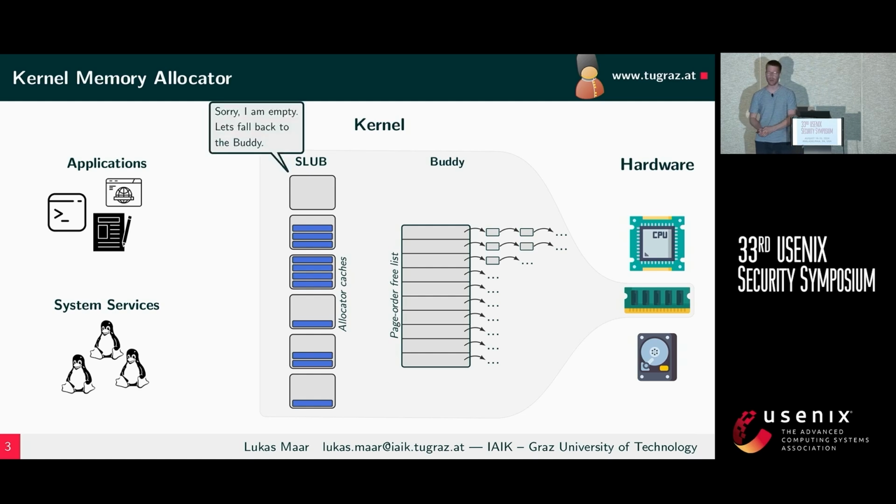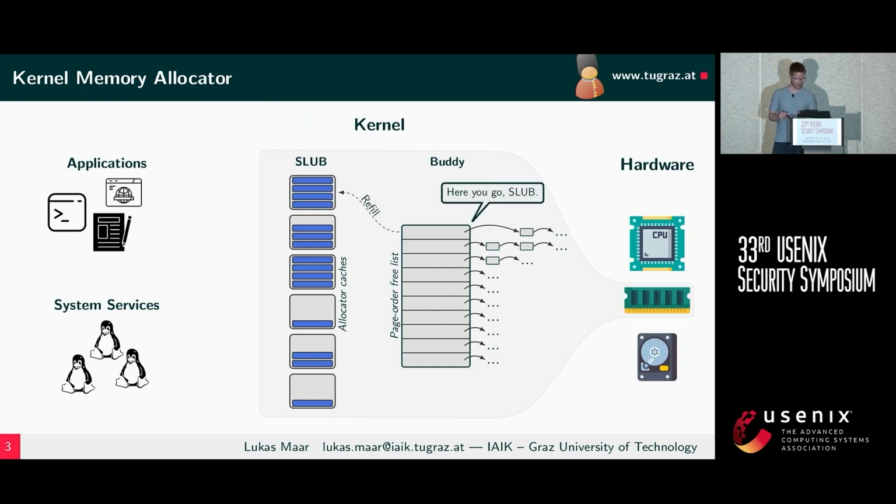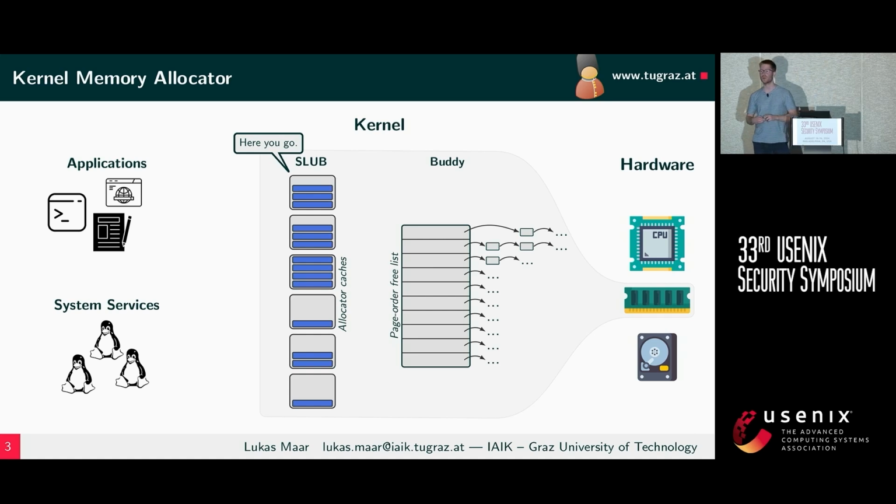However, if one allocator cache is empty, so it doesn't have any free and available memory slots left, it resorts to the buddy allocator to allocate one entire memory chunk, which refills all free and available slots within this allocator cache. And subsequently, the slub allocator returns 1 free and available memory slot.